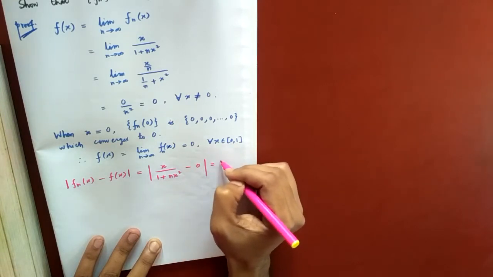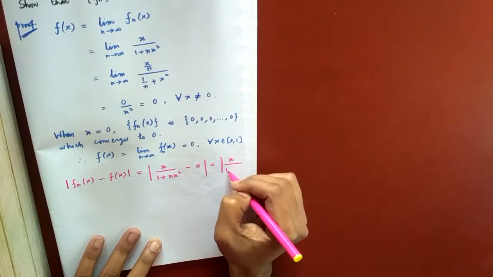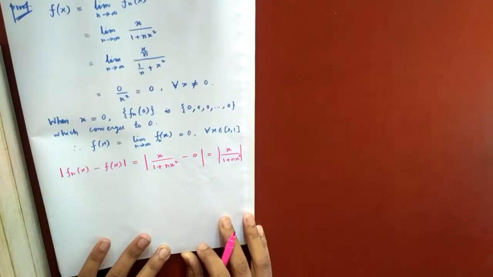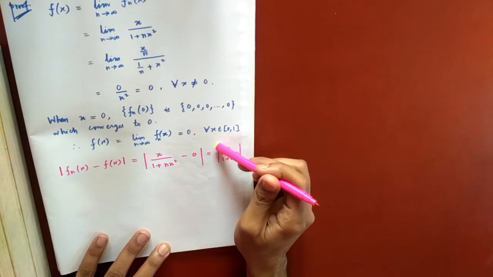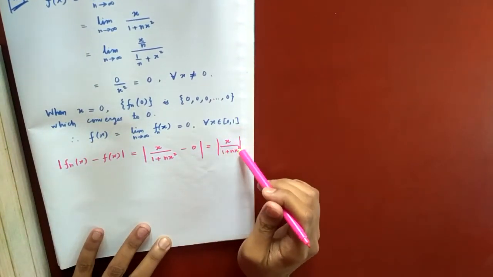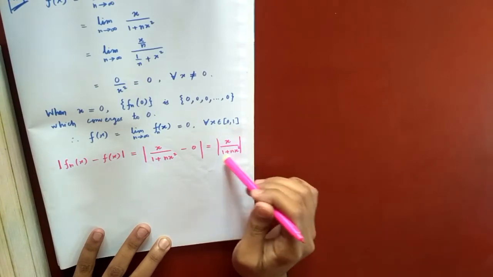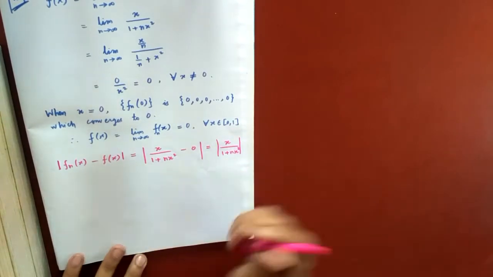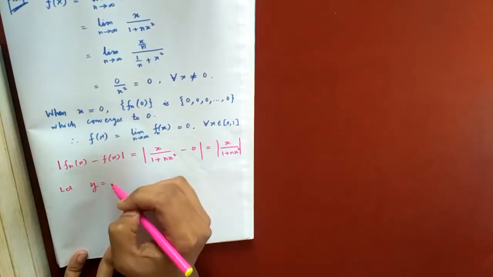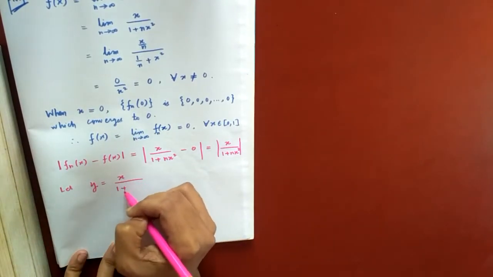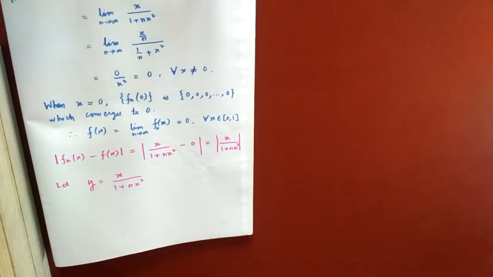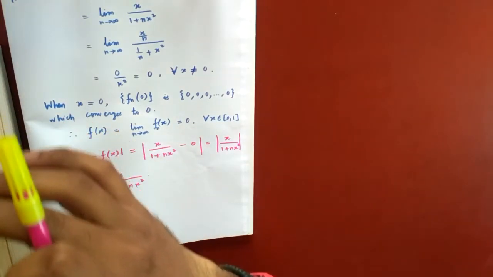So this is nothing but x by 1 plus n x square. I have to find the maximum value of this one. So suppose I say this is y, x by 1 plus n x square.